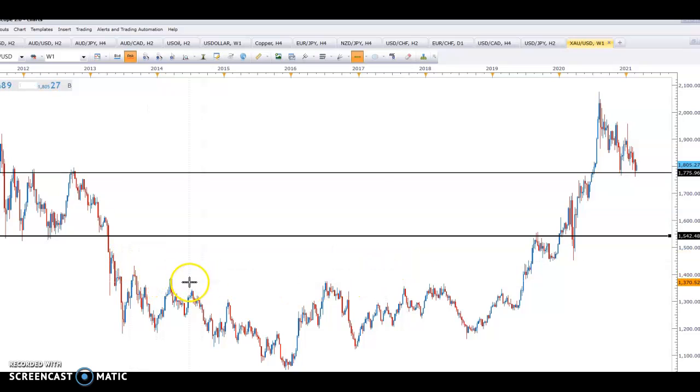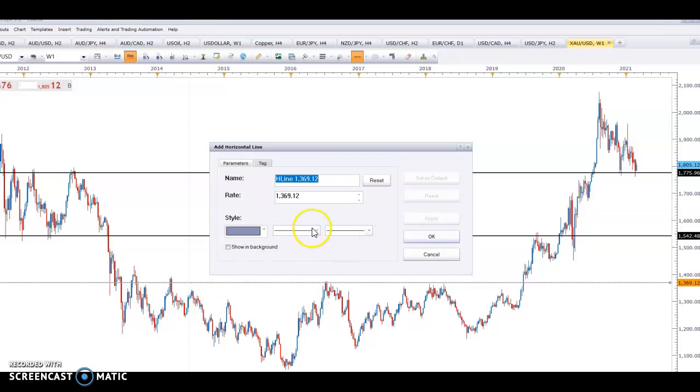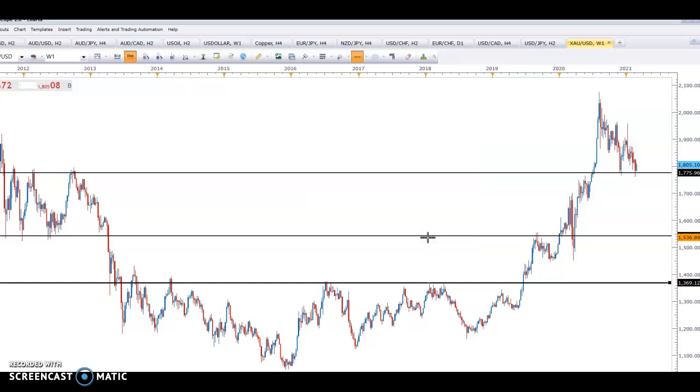Let's do one there. Now this is quite a long way off. This is pretty much 5 years worth of data. So these support lines and resistance lines aren't going to be relevant for quite a while, but you never know.